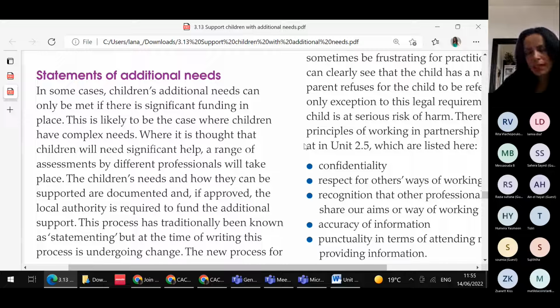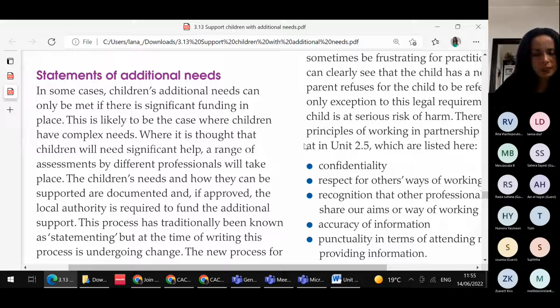So this will make the child's situation a bit more complex. So how can we keep track of this? We need a statement of additional needs. So the child's needs and how they can be supported are all documented, if approved.